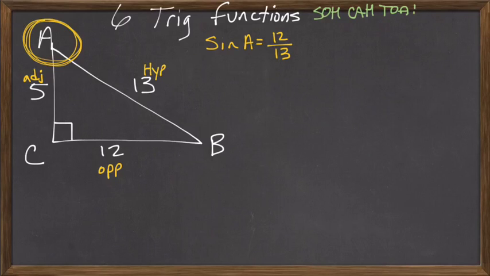It also helps remind me which function goes with which side. So sine is opposite over hypotenuse, so S-O-H. And that means cosine is going to be 5 over 13 in this triangle, because cosine is adjacent over hypotenuse. And then tangent is 12 over 5, because opposite over adjacent.